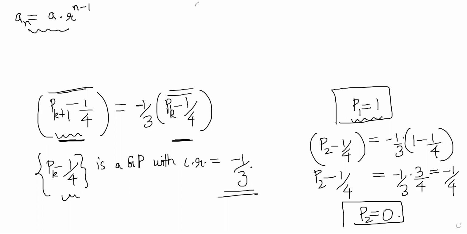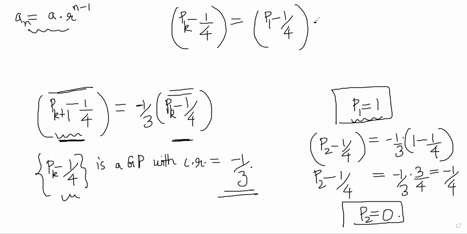We are using that formula. We'll say Pk minus 1/4 should be equal to the first term. First term would be P1 minus 1/4 multiplied by common ratio minus 1/3 and raised to the power k minus 1, right? Because this is the kth term and I want the kth term's expression. So I'll put k minus 1 power here, right?